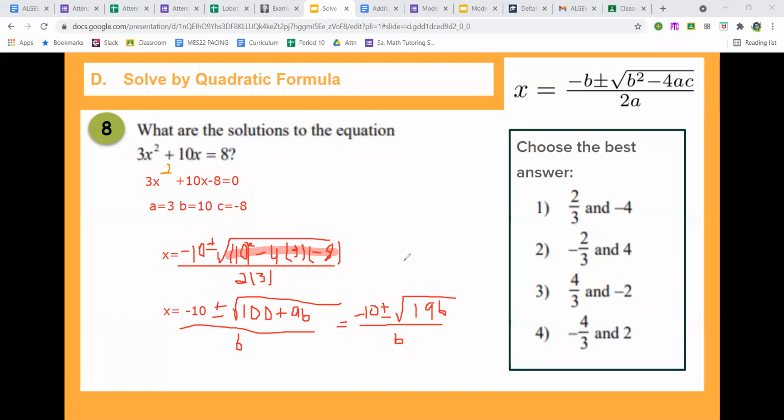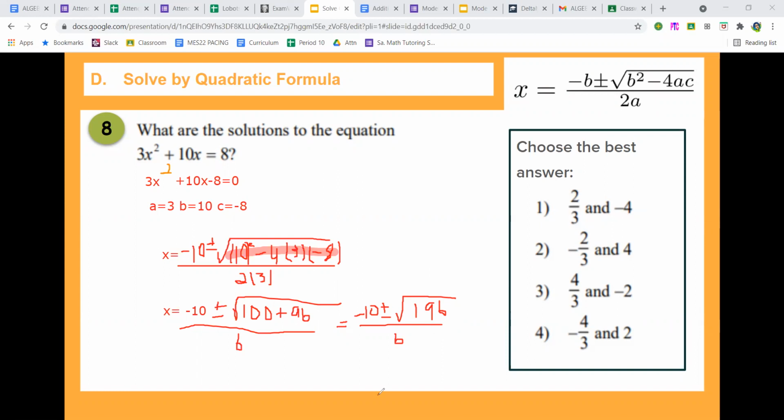So using my calculator, I see that my solutions are rational numbers, either fractions or integers. So therefore, I know that the square root of 196 has to result in a rational number. So checking with my calculator, the square root of 196 is 14.